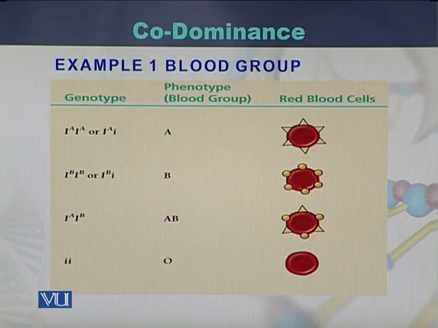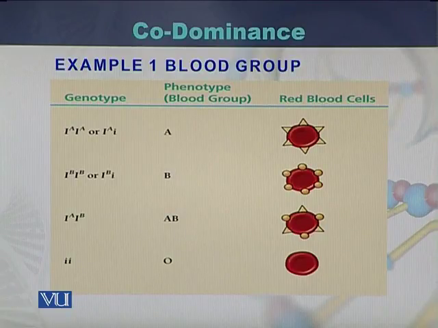In case of blood group AB, one allele is coming from one parent, while the second allele is coming from the second parent. So blood group AB is an example of codominance, where both alleles express as a parallel behavior and none of the alleles is dominant over the other.